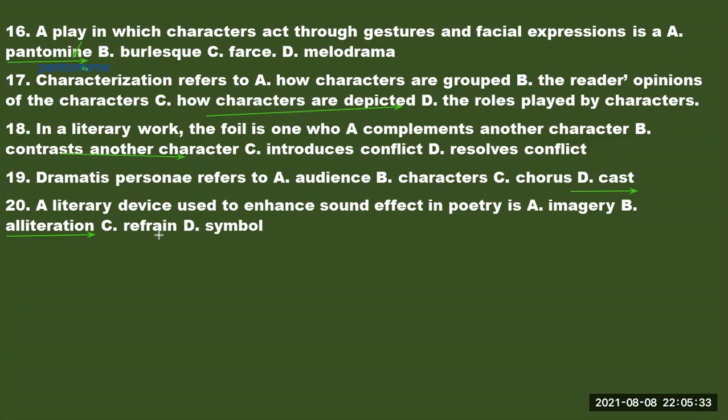A situation where you find, for example, stanza 2 being repeated in stanza 4, and another stanza being repeated in stanza 6. That is a refrain. All right, that's a refrain.